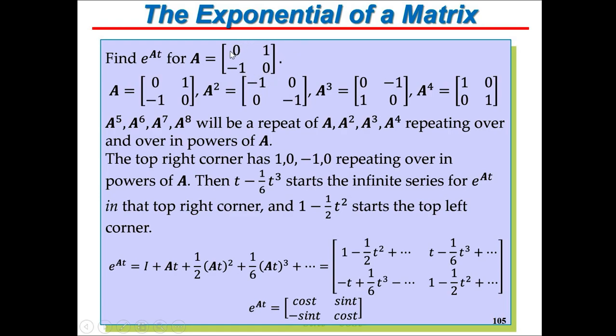Actually, you can see immediately the eigenvalues of this will be plus minus i. So the eigenvalues of e to the At are really e to the it and e to the minus it, and that's where you get cosines and sines.